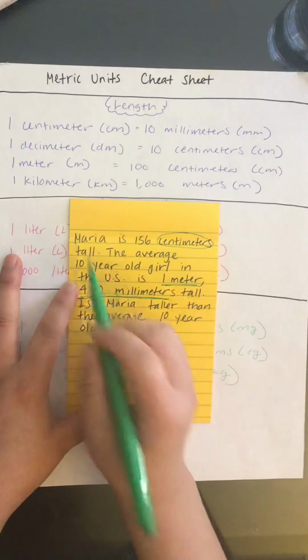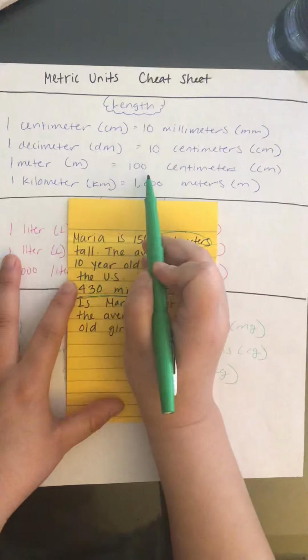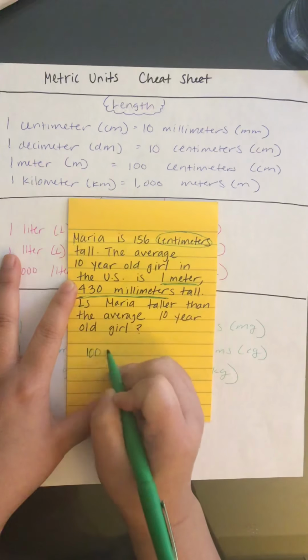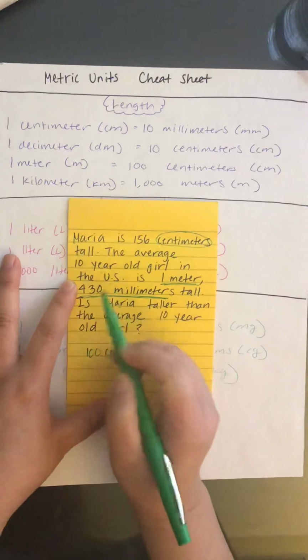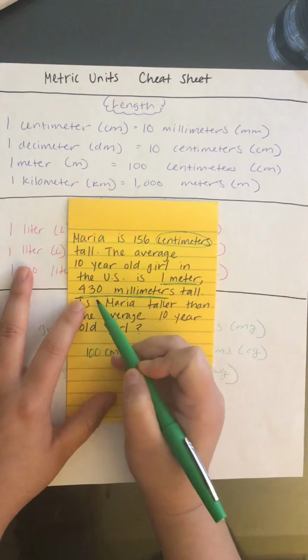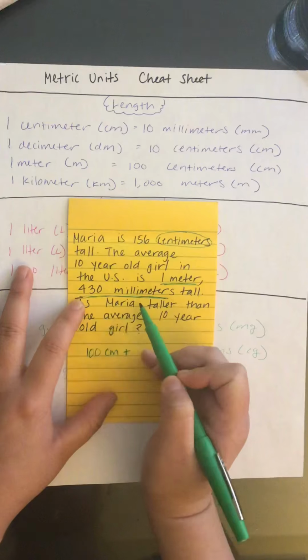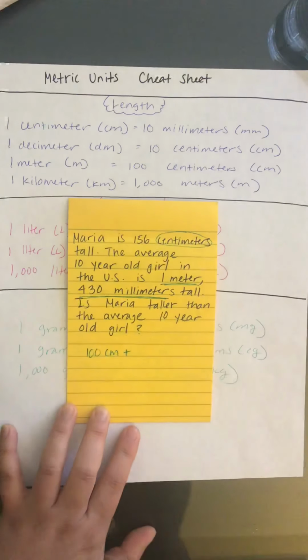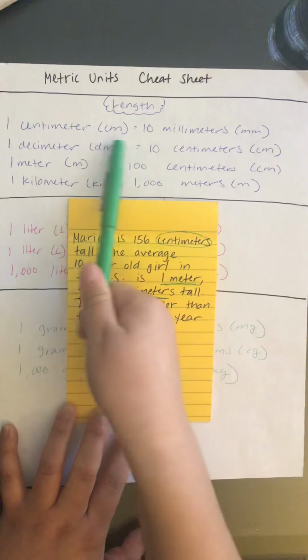It's 1 meter. If 1 meter equals 100 centimeters, so we know that we're working with 100 centimeters plus, how many centimeters is 430 millimeters? Okay, so when you look at that, watch what I do. I'm looking at this part here.